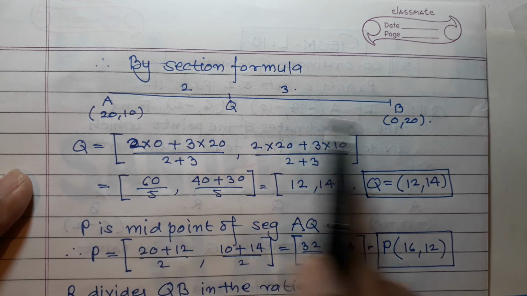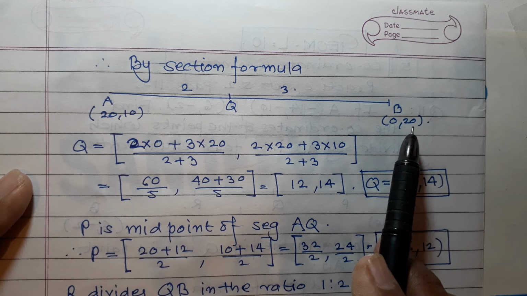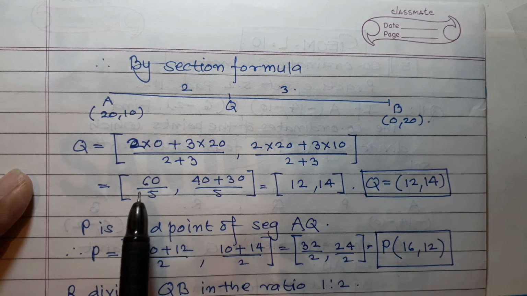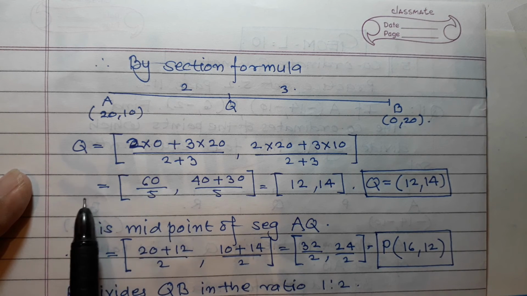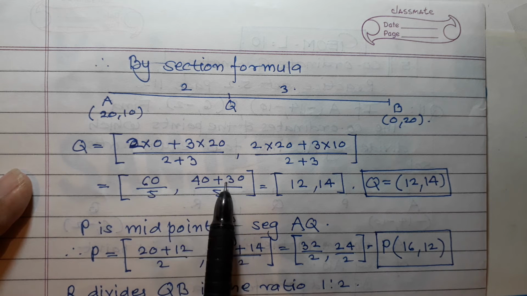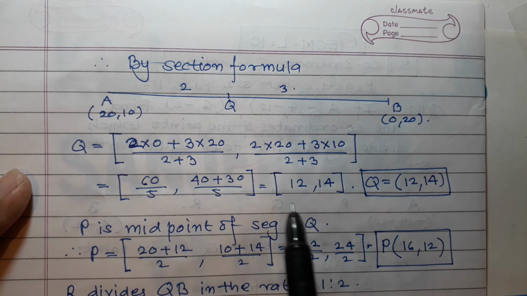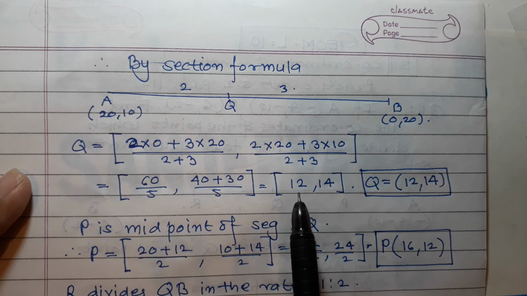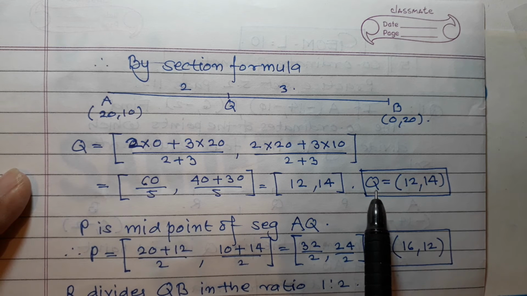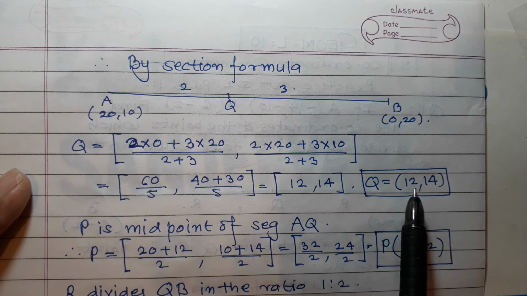(2 into 0 plus 3 into 20)/(2 plus 3) and (2 into 20 plus 3 into 10)/(2 plus 3). So therefore Q is equal to (60/5, (40 + 30)/5), and therefore Q is equal to (12, 14).